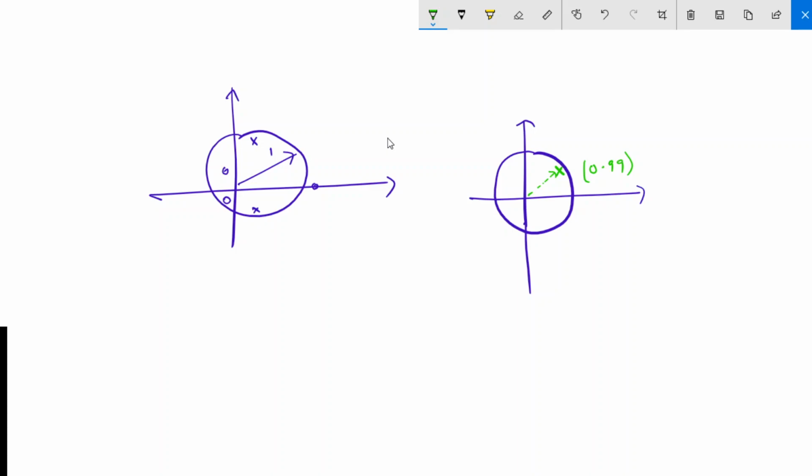But when you apply the finite word length effect, the filter coefficients may get changed, and there will be a drift in the pole zero plot. There is quite a possibility that this pole may move outside the unit circle, suppose to a radius of 1.01. Because of this, the system will go from stable to unstable.